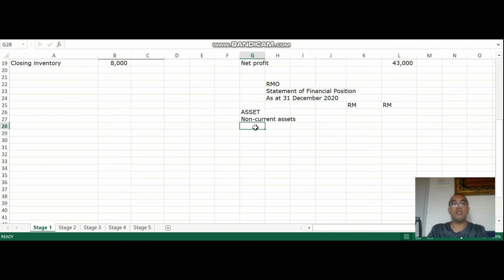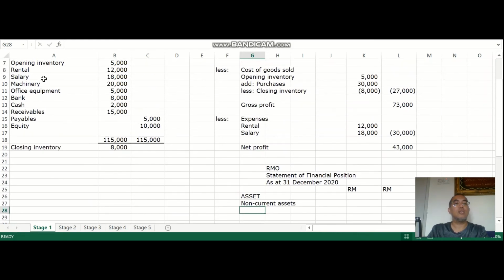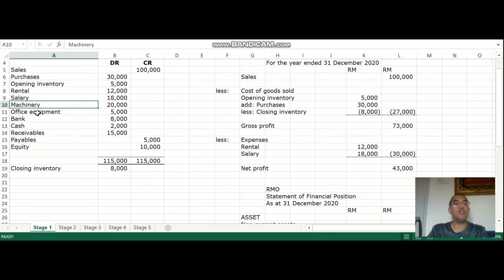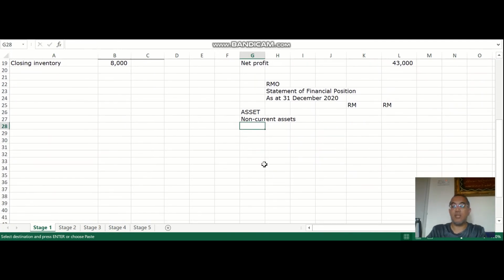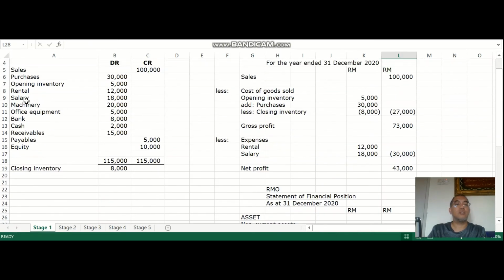What is our non-current asset here? There is machinery and office equipment. I just copy to save some time, and I paste it over here. So I have two kinds of non-current asset, machinery and office equipment. How much? There is machinery 20,000 and office equipment 5,000.